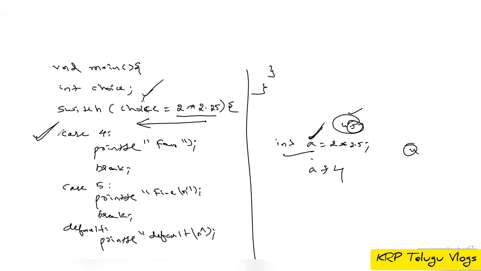Yes, 4.5. That time it will throw a compilation error. Clear, right? Everyone. So the value 4 goes to choice, and it will print. The output will be 4. Clear?